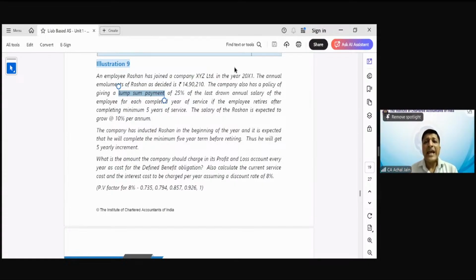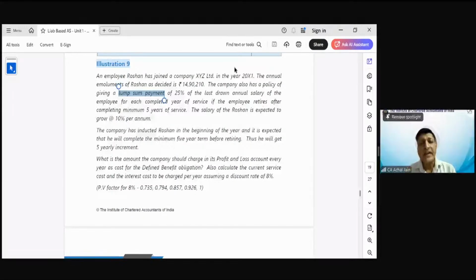Salary of Roshan is expected to grow at 10% per annum. So that's the percentage increment. Every year he is expected to get an increment of 10%. Company has inducted Roshan in the beginning of the year. So you may be thinking in which year he has joined. For the purposes of your calculation they have kept it simple, so he has joined at the beginning of the year.